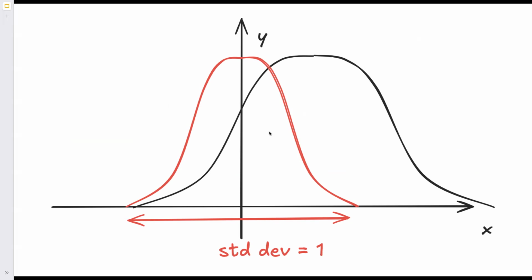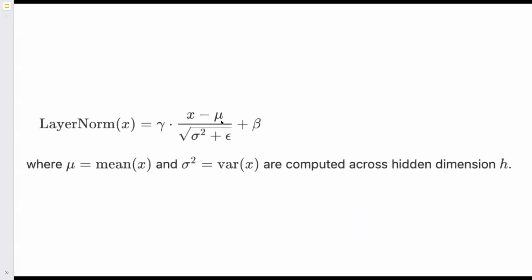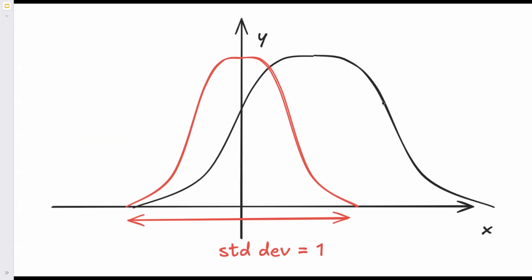When we subtract this mu, we move our original distribution and center it around 0. Then when we divide by standard deviation, we normalize the width of our distribution. So now the standard deviation of this distribution is 1.